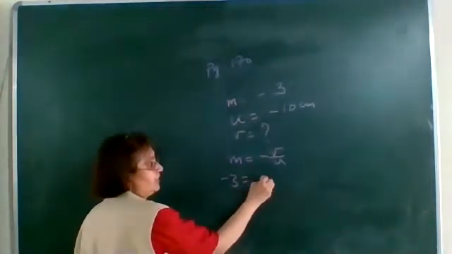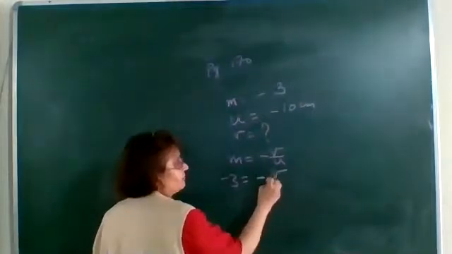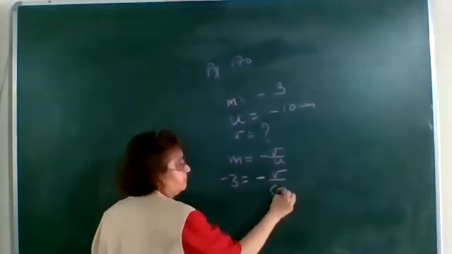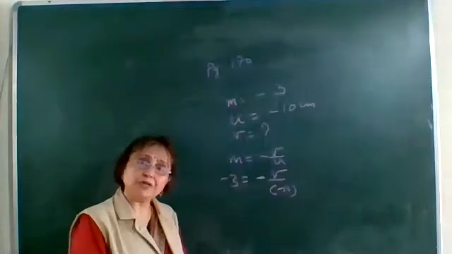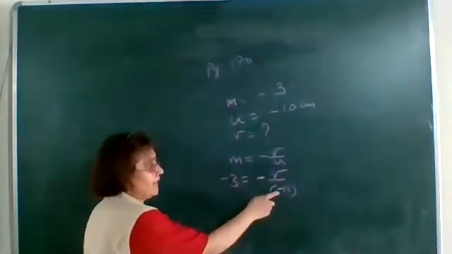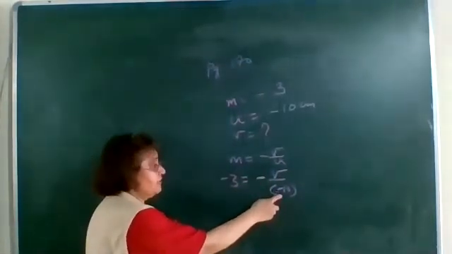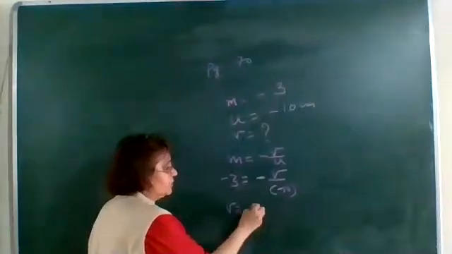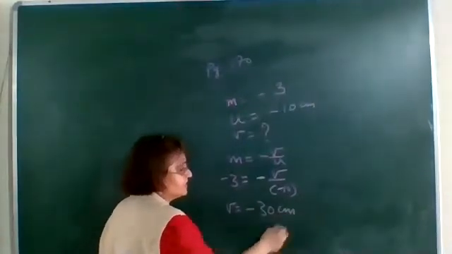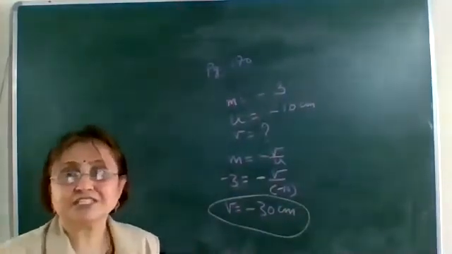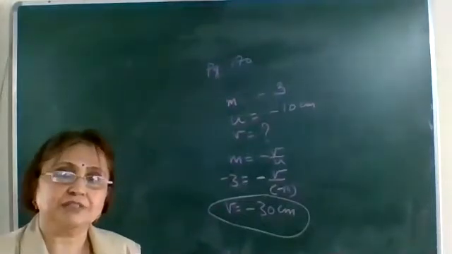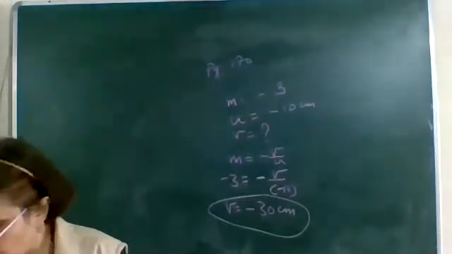Magnification -3 equals minus v, which you have to find out, upon u, and u here is -10. You have to put all these values with their proper sign. This minus and minus becomes positive. So v is equal to -30 centimeter. So what is the image distance? The image distance is -30 centimeter. So this way you solve all the questions.